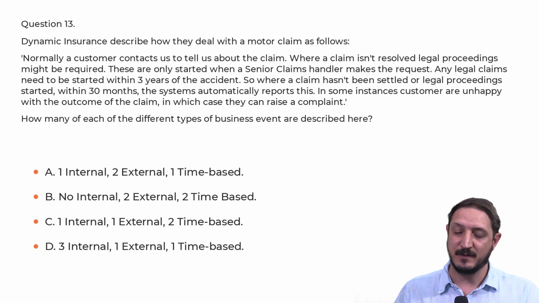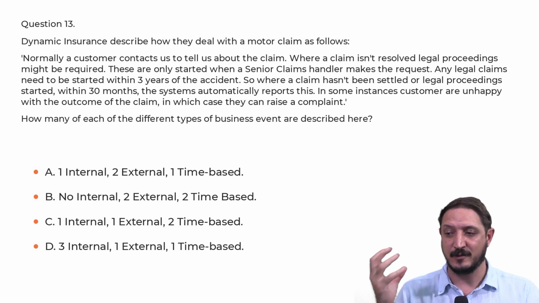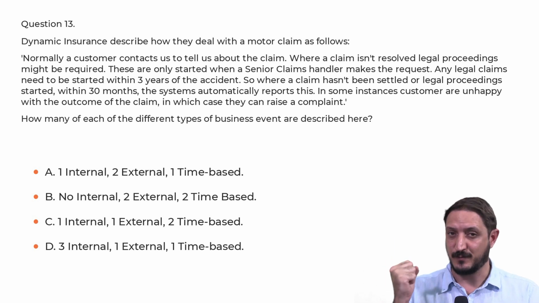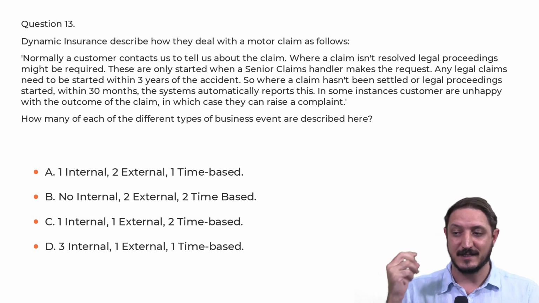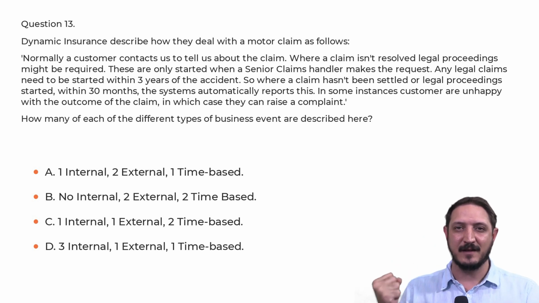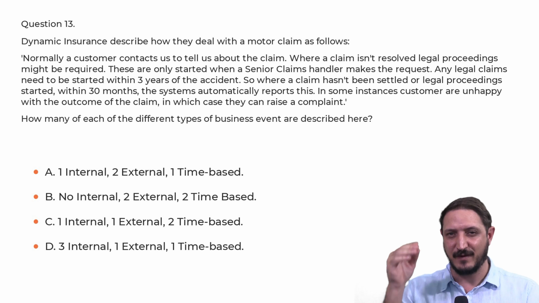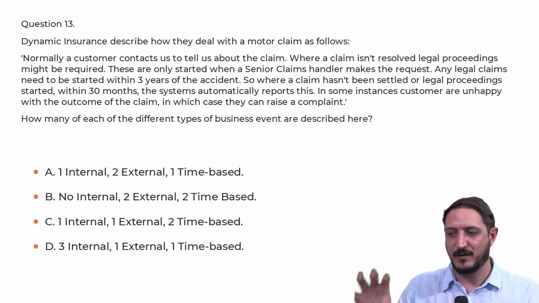This is someone who is inside, and they're saying that this happens. So this legal proceeding, which is part of the process, is only started when the senior claims handler makes the request. So the senior claims handler is the actor. And when they're making the request, it's a specific event. It's very clear cut that this is a point in time in this process.